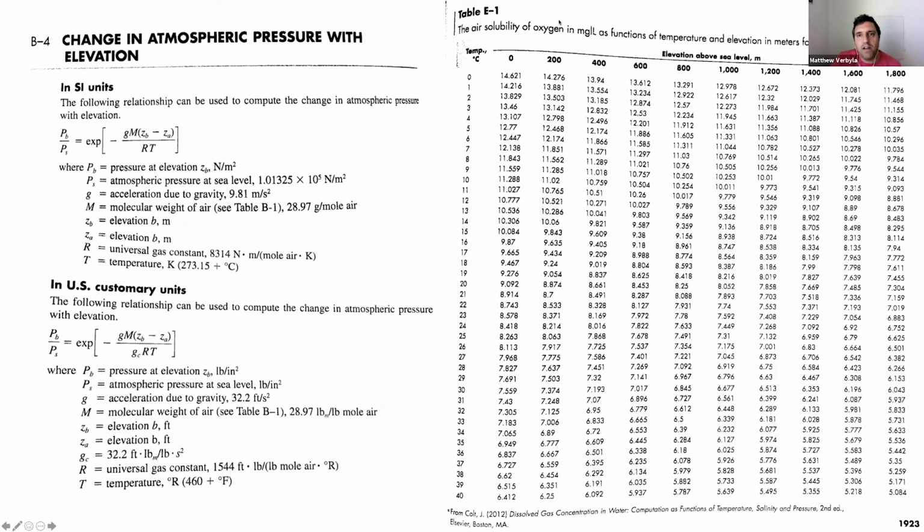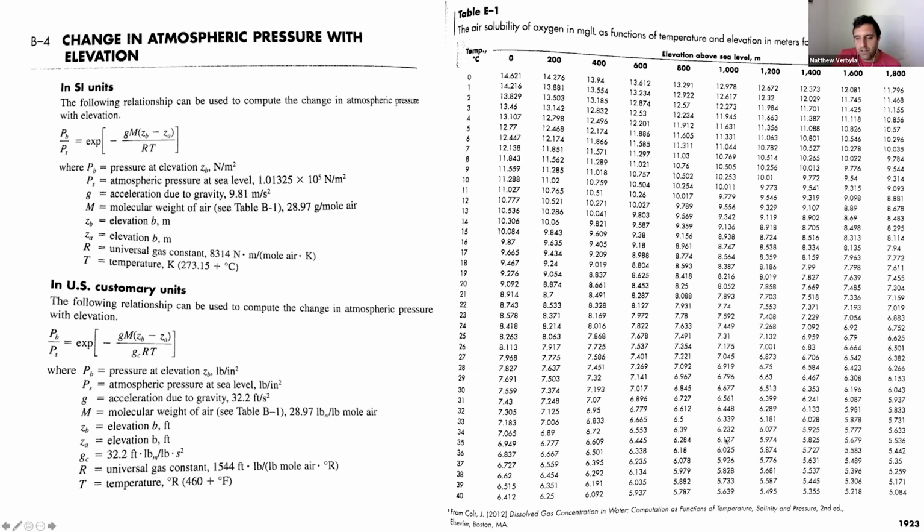This table up above here shows the air solubility of oxygen in milligrams per liter as a function of temperature and as a function of the elevation in meters. So if we have a site where we're building a wastewater treatment plant at elevation 1000 and it's operating at a temperature of 10 degrees, this 10.011 is the milligrams per liter of oxygen, basically the saturation concentration of oxygen at that temperature and at that elevation.